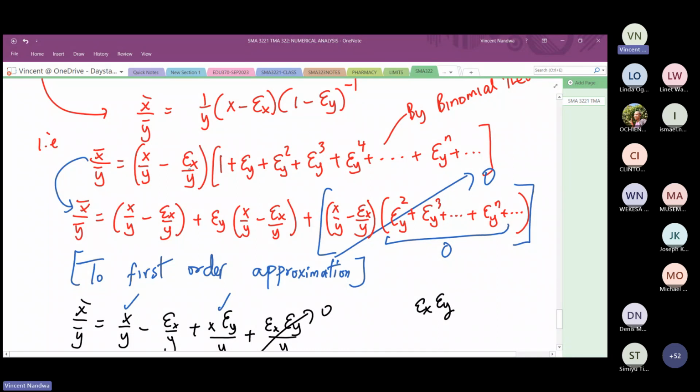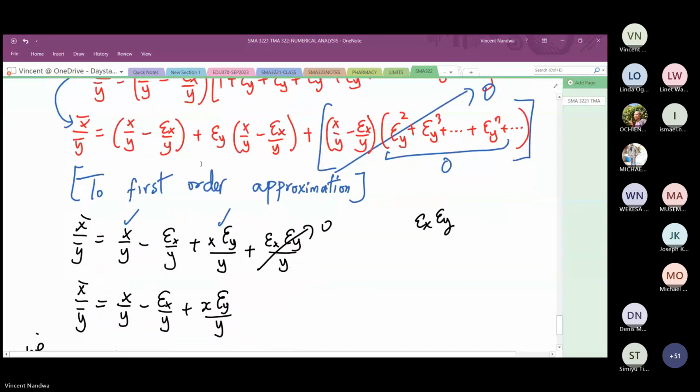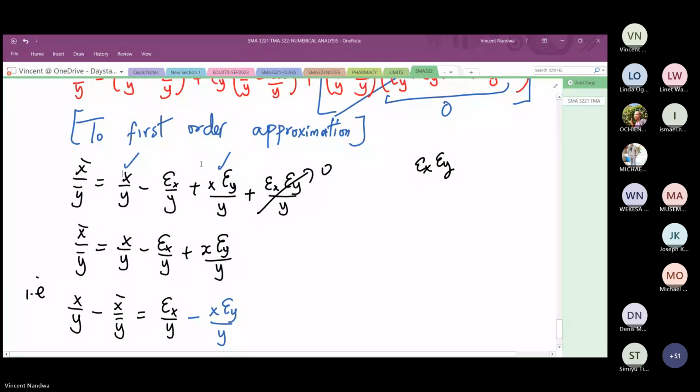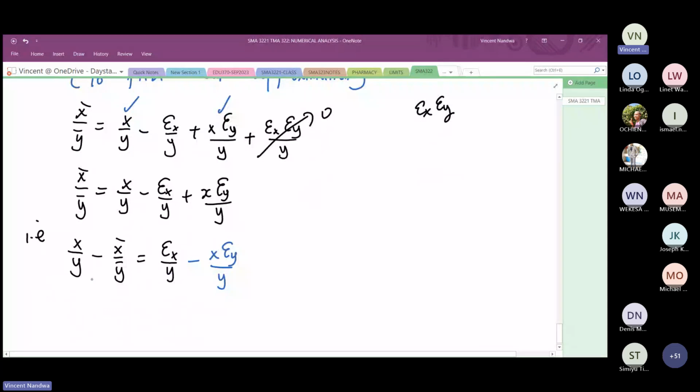And then minus error in y, that's fine. So then, which means the error in x over y is going to be error in x over y minus x error in y over y.